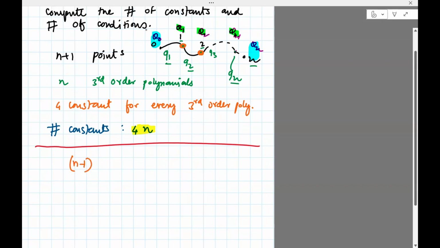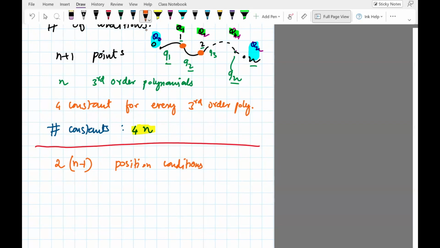I removed 0 and n, so I'll be left with n minus 1 points. For each of those points, I specify two conditions. One is this point, the value is known, and for this point, the value is known. So I can specify 2(n minus 1) position conditions. That is, the position is specified.